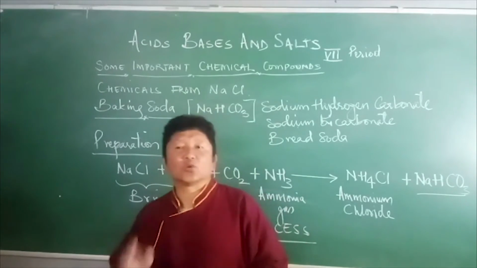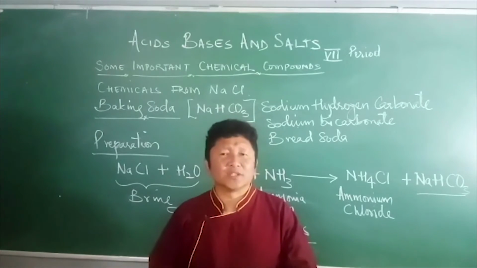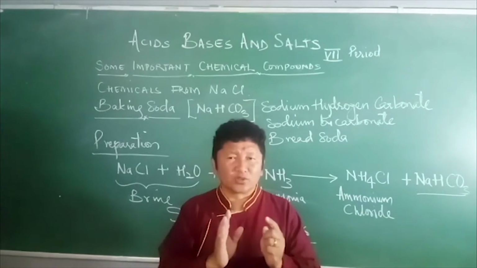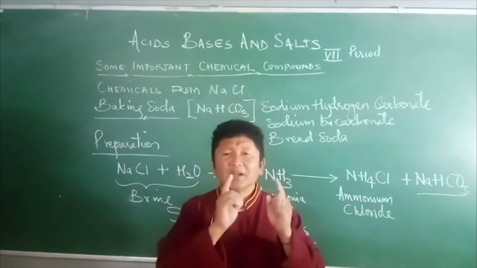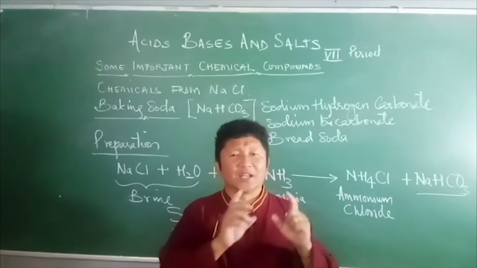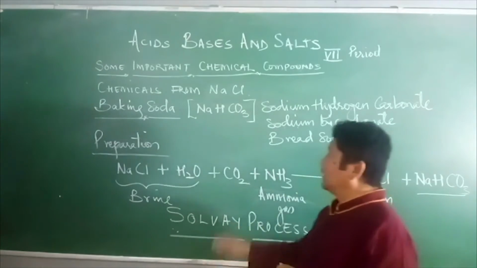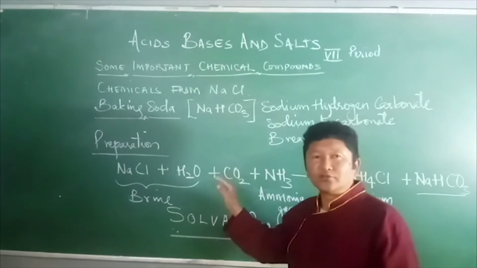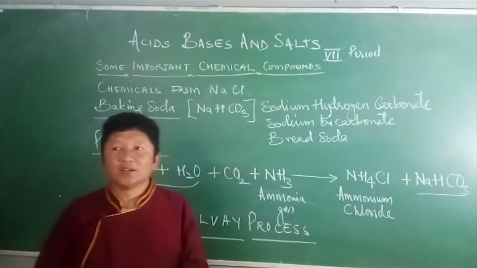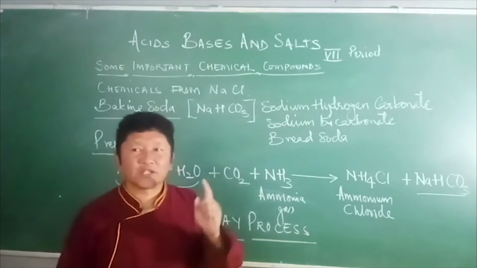This is the Solvay process. Prepare brine, pass electricity, and we get caustic soda, sodium hydroxide, chlorine gas and hydrogen gas. That is the chloroalkali process. Then that brine is fused with carbon dioxide and ammonia, and we get ammonium chloride and sodium bicarbonate. This process is called the Solvay process, used to produce baking soda.